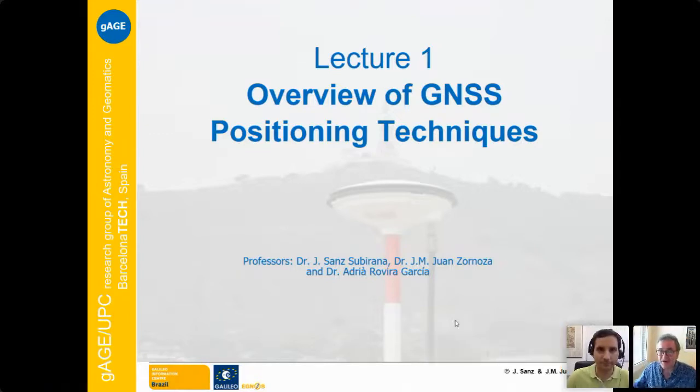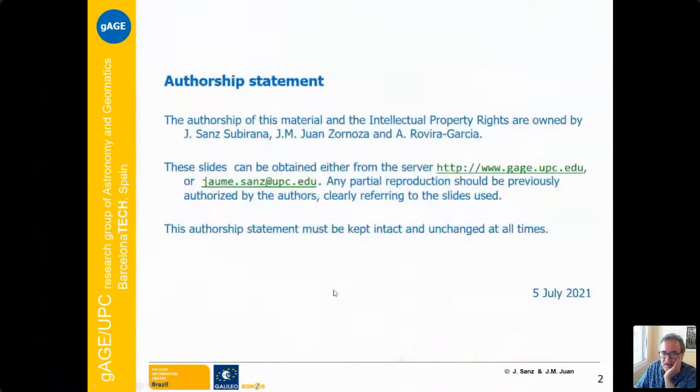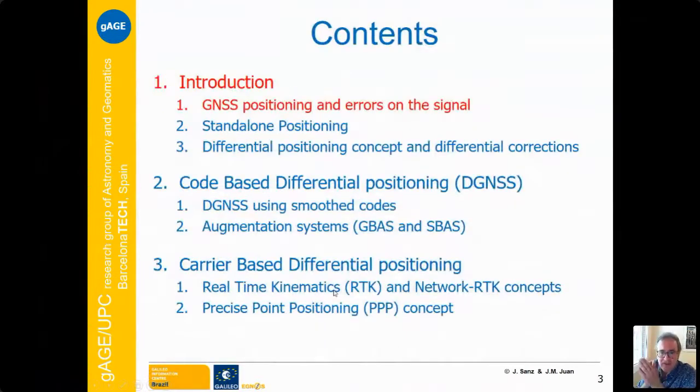Thank you so much. Okay, this lecture is an overview of the GNSS positioning techniques. This is the layout of this lecture. The idea is to give a general idea about the different positioning techniques and about which accuracy, which performance, we can expect from them.